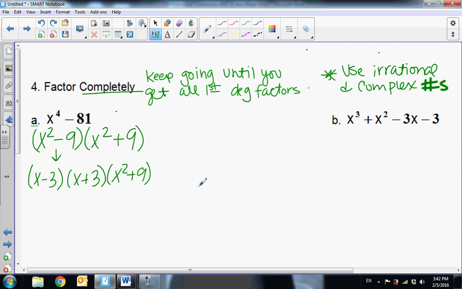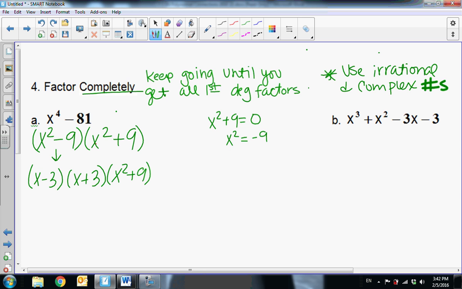So this is a fourth degree polynomial, so there will be 4 roots, so we need to come up with 4 factors. So what I'm going to do is think about what roots I could get from this one that I don't know how to factor. So x squared plus 9, I'm going to set that equal to 0. So x squared equals negative 9.